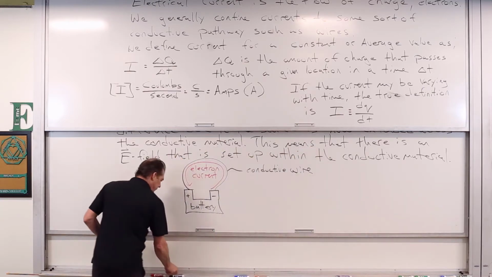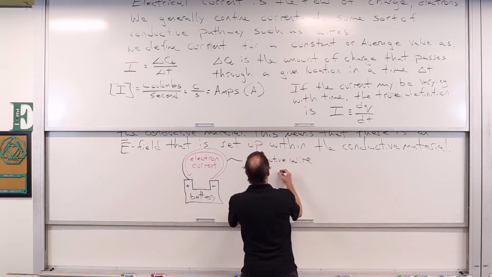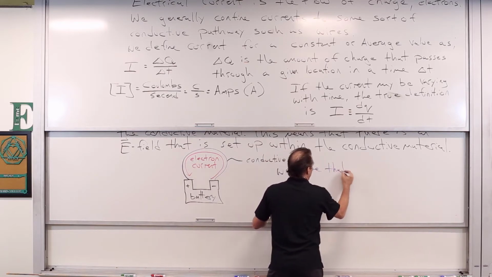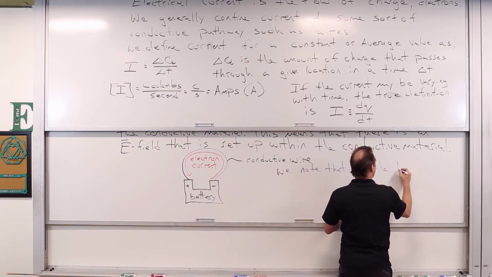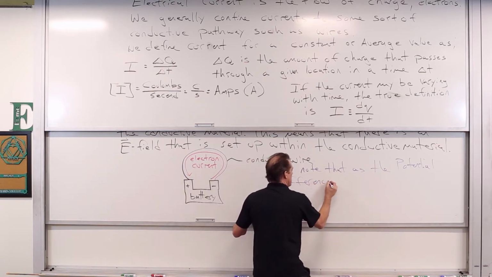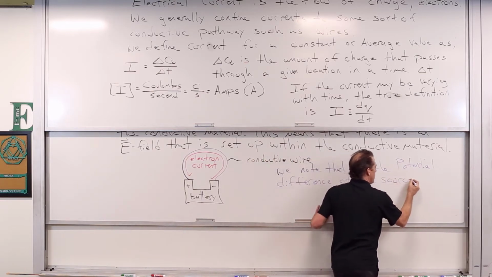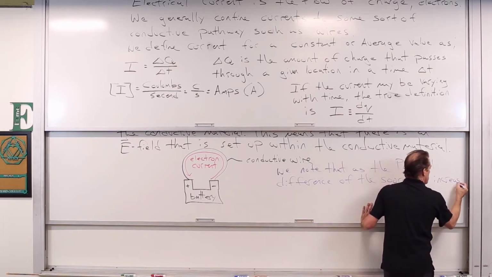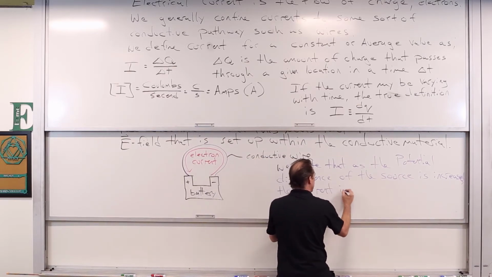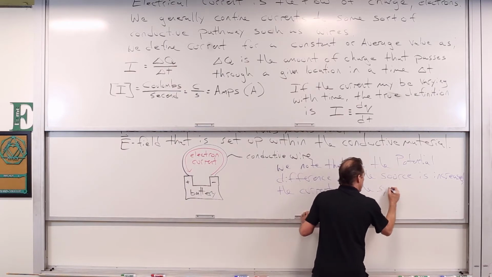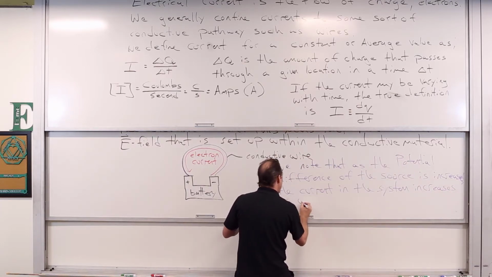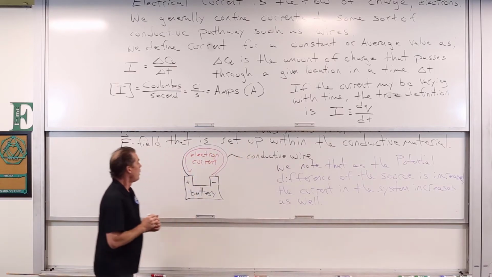So, we note that as the potential difference of the source is increased, the current in the system increases as well.